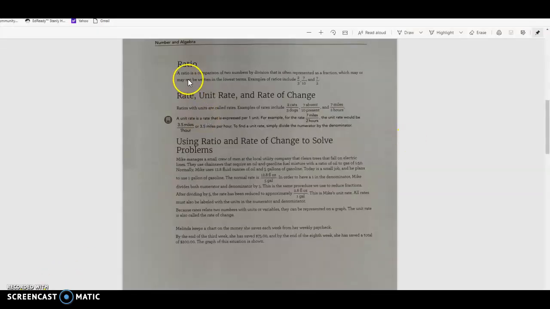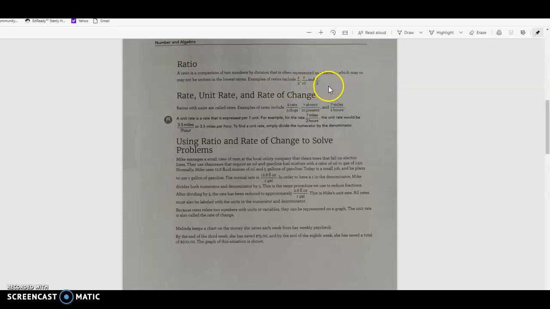Here's where they got the definitions for ratio, rate, unit rate, and rate of change. We're going to talk about this one in a few moments, but remember, a ratio is a comparison of two numbers by division that is often represented as a fraction, because a fraction just really means division, which may or may not be written in lowest terms. Examples of ratios are 2 divided by 3, or 2/3, 7 over 10, and 7 over 2.